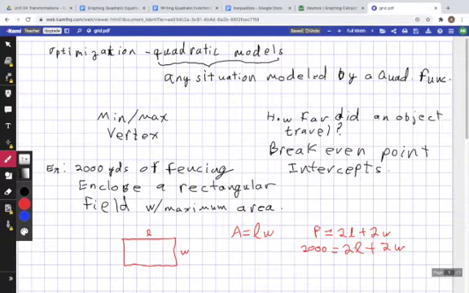And if we solve for our width, we end up with 1,000 minus length is equal to width. So what we have just done is we've written this width in terms of length.